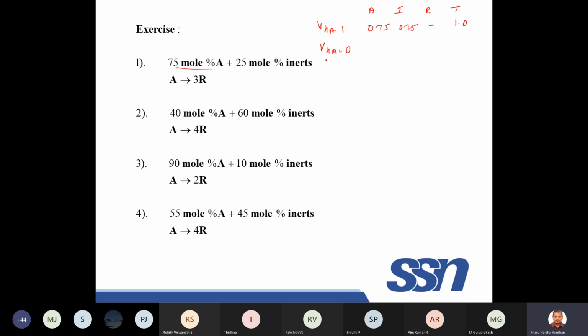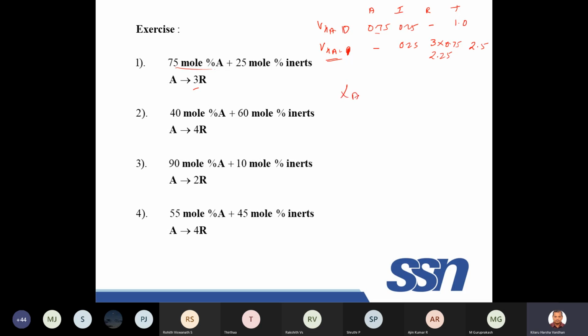Total is 1. At Xa equal to 1, A will be 0. Inerts won't take part in the reaction. R is 3R, therefore 3 times 0.75, which is 2.25. Plus 0.25, therefore 2.5 is the total.